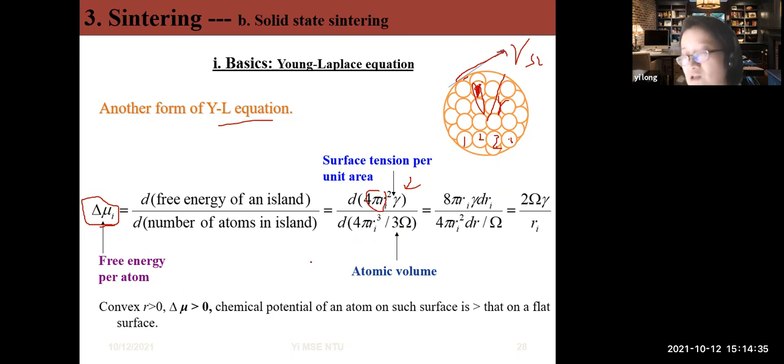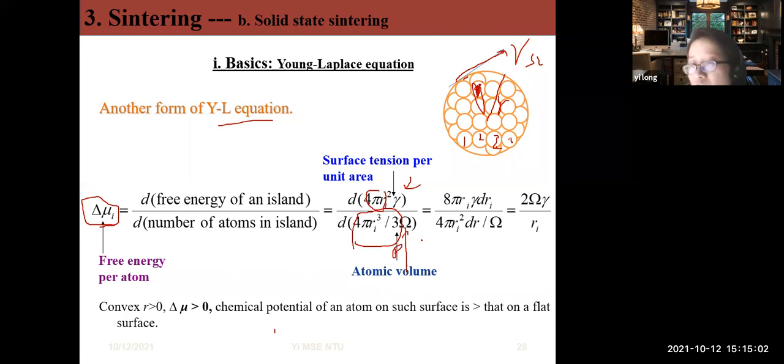As material scientists, we have a simple way to approximate. We just need to get the total volume first: 4 pi r cubed over 3. That is the total volume of the particle. I divide by the volume of one atom, which we call the atomic volume.